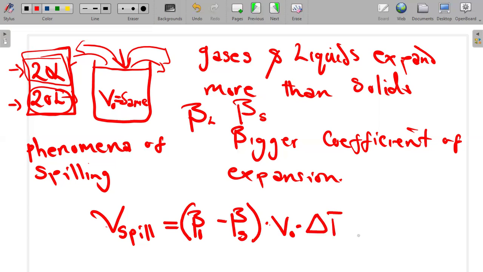So that is how we calculate the volume that is going to spill out, or the amount of liquid that is going to spill out of that particular solid tank due to the differences in their coefficients of volume expansion, hence calculating the volume of spill. Is there anyone with a question up to this particular point?